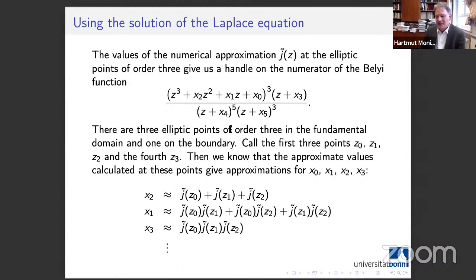I used numerics to obtain an approximation for these points. And without the partial differential equation, you have no idea what the values at these points should be. So I used a linear problem to give you a starting point for an approximation for these coefficients. So up to now, everything is approximate.